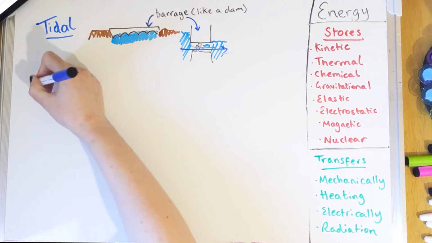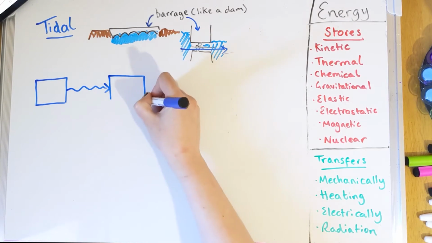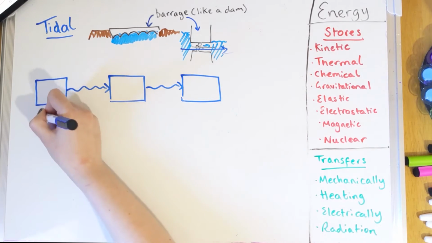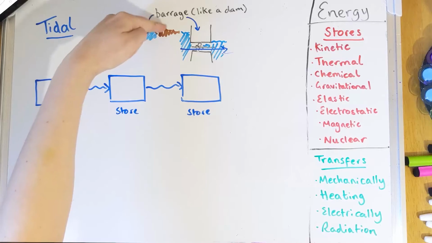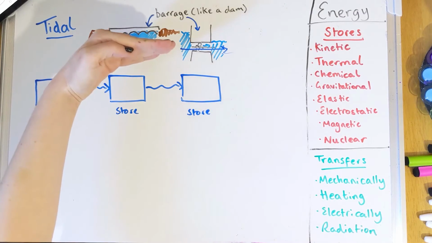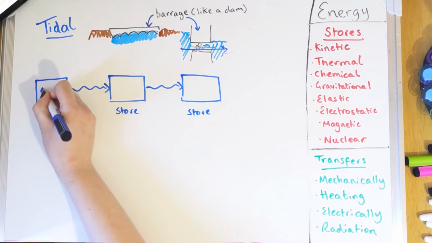So let's have a look at those energy transfers and stores again. Right, this time, just like with a dam, we have the gravitational potential store of that water that's trapped behind the barrage.